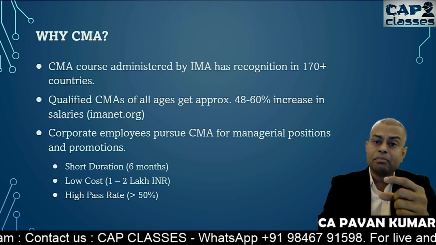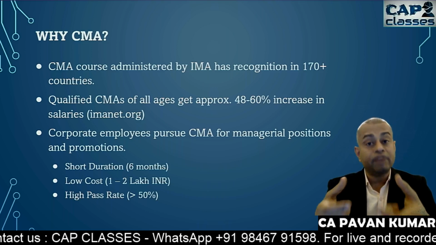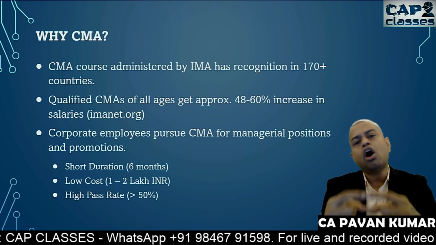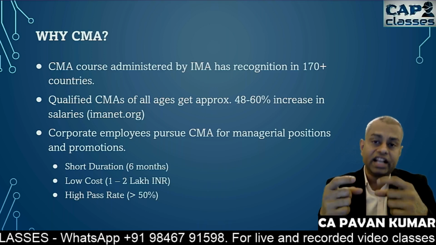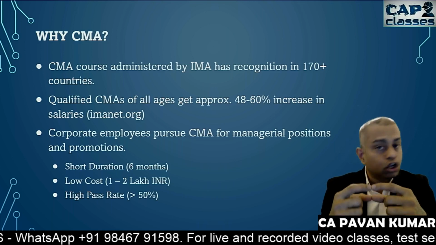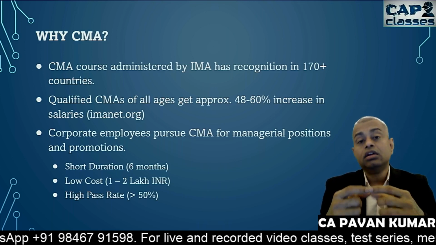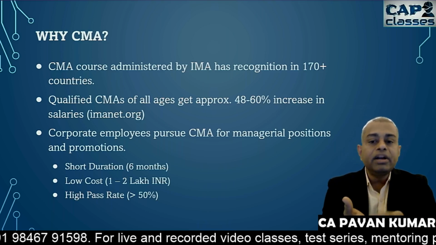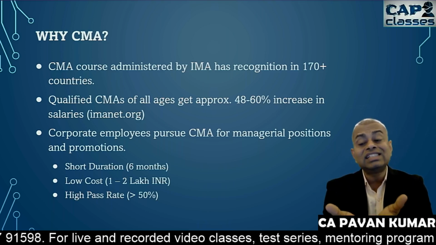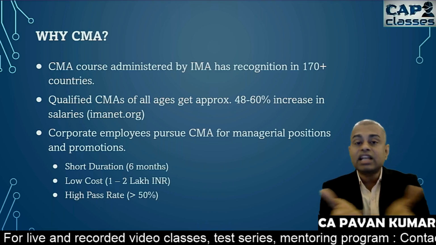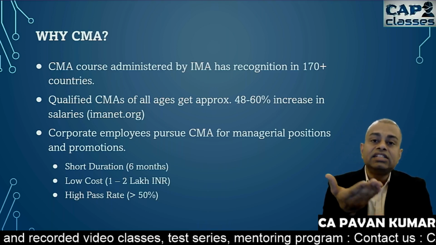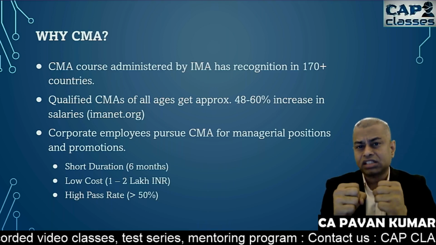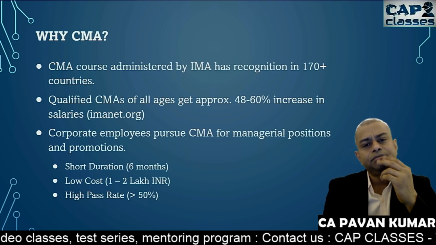So when they are able to publish something on their website, we can take it with confidence that they are speaking the truth. So when you complete this course, if you get 60% increase compared to your peer, obviously it is worth spending your time and efforts, isn't it?